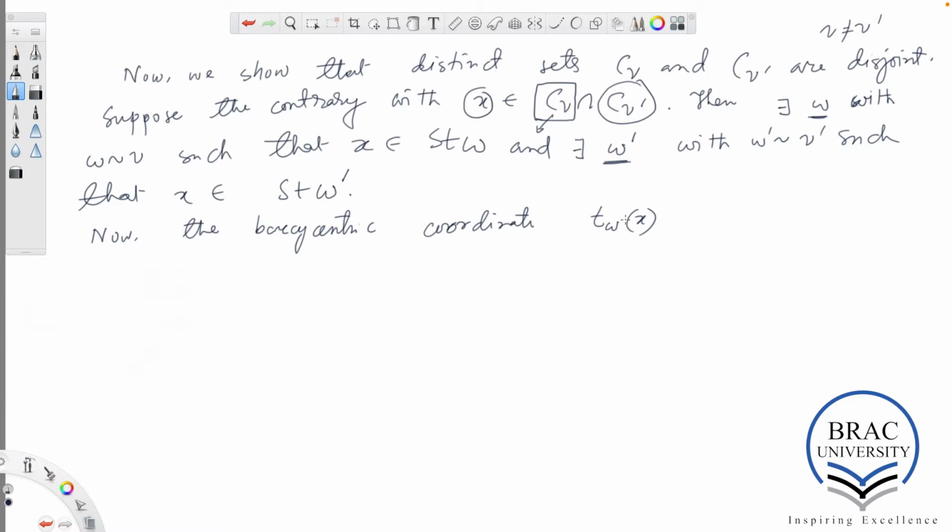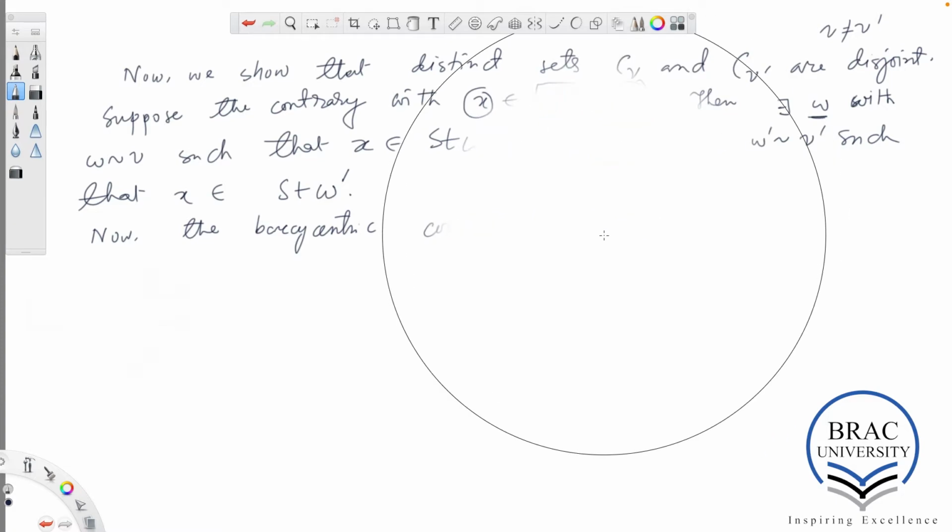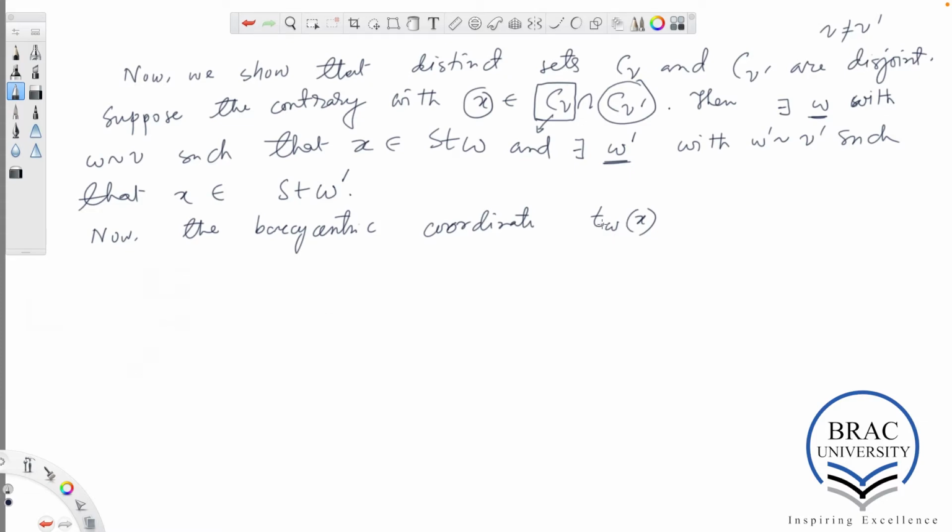It means that we are referring to the barycentric coordinate of this point x relative to this vertex w. With respect to w it is positive, since x belongs to star of w.